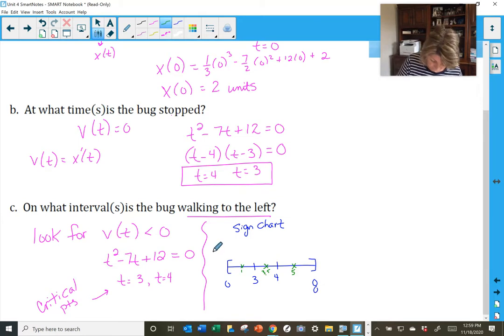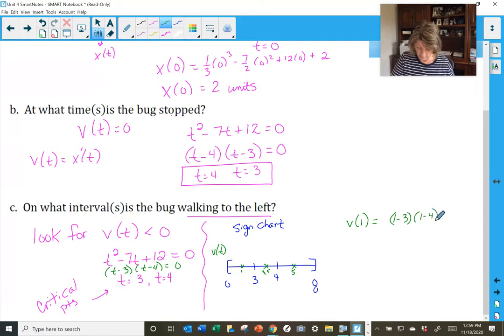So up above here, this is going to report the velocity sign. And when I put 1 into the velocity equation, I'm going to do it off here to the side so you can see what I'm doing. I want this in the factored form, t minus 3, t minus 4 equals 0. If I put 1 in, I would have 1 minus 3 and 1 minus 4.